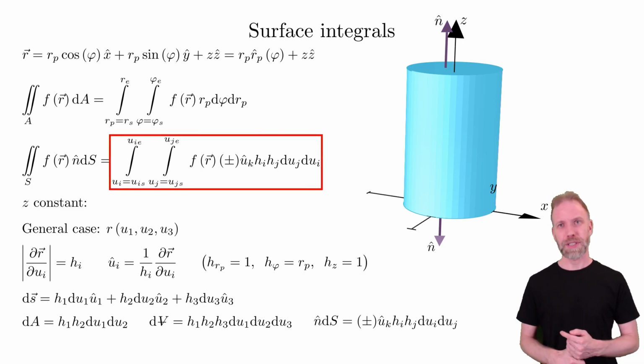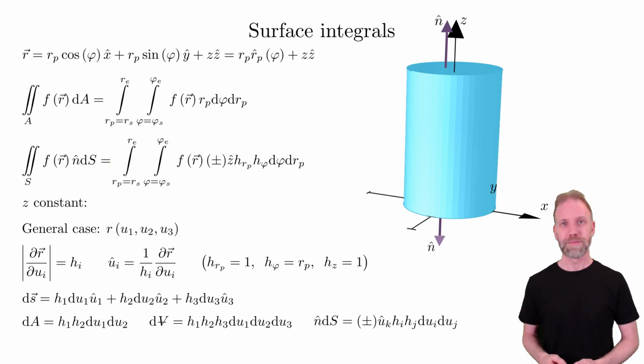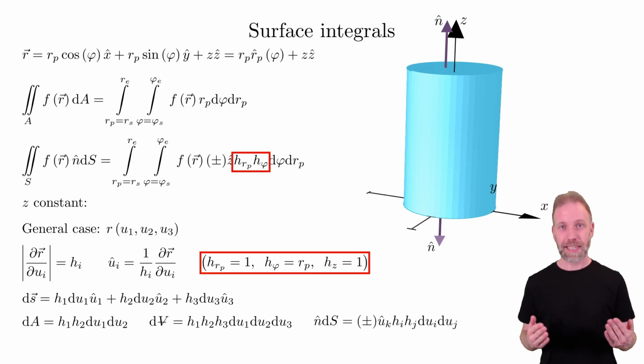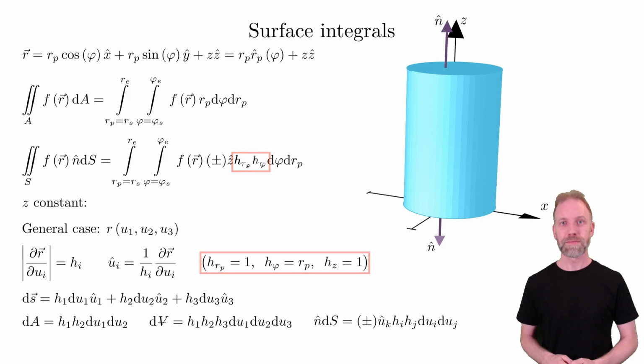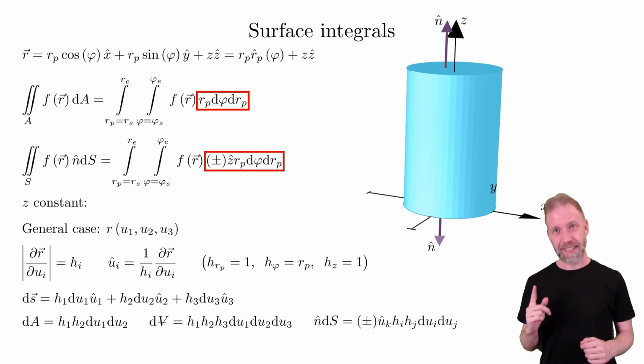Update the equation to put the normal vector in the z direction and integrate over rp and phi. Insert the values for our scaling factors h. Note that this is basically the area integral from polar coordinates, with z hat added as a direction.